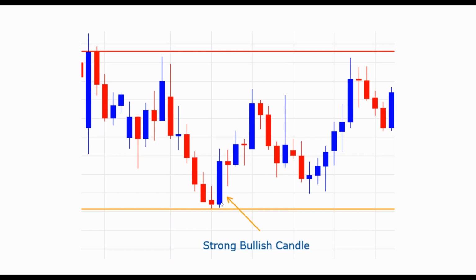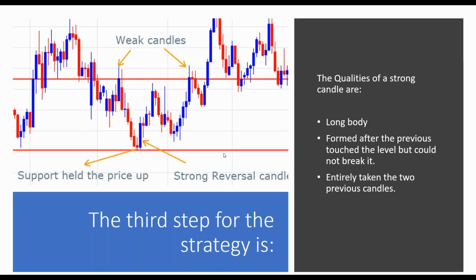The body should engulf the two previous candles, and it's got a relatively balanced wick. So the qualities of a strong candle are a long body, formed after the previous candle touched the level but could not break it, and entirely covers the two previous candles.